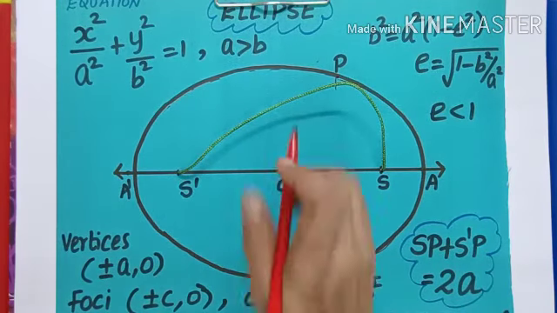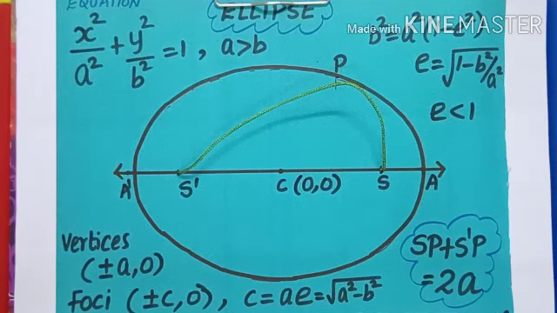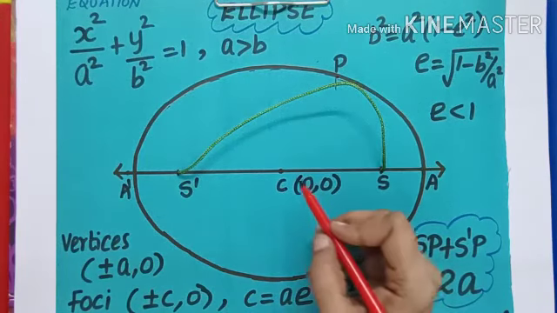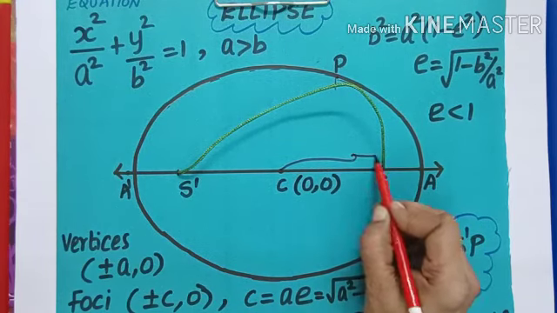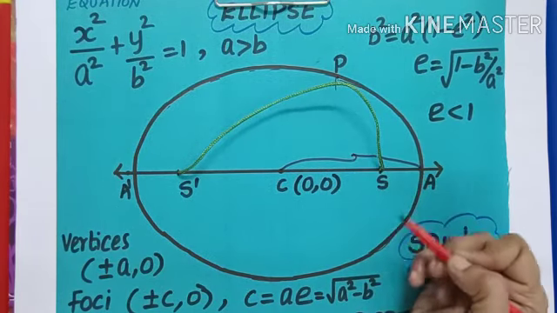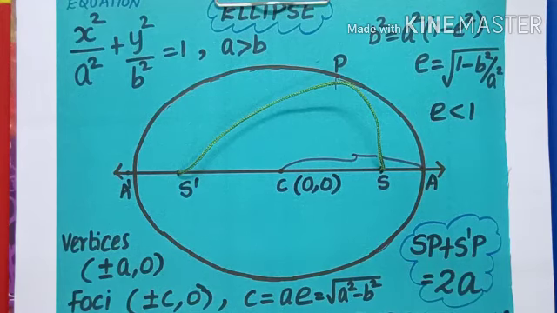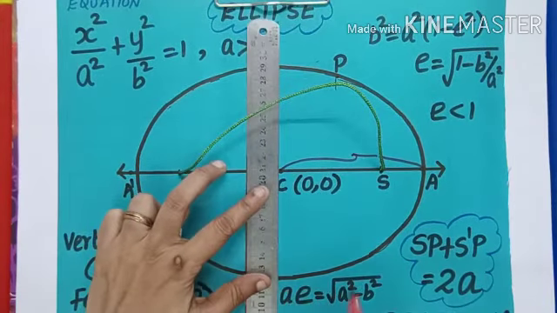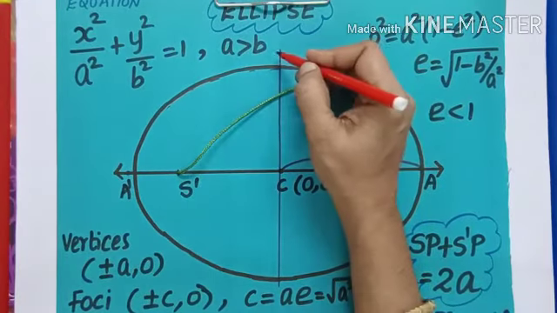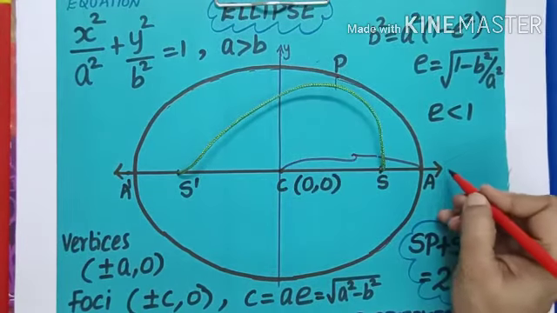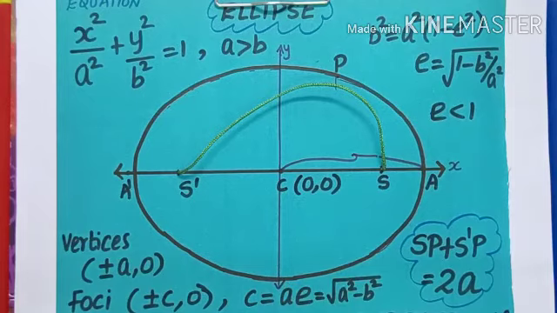Now what is the equation of an ellipse? I must know the two distances from C. I have drawn this distance, and the vertical line this way I call the y-axis, and this I call the x-axis.